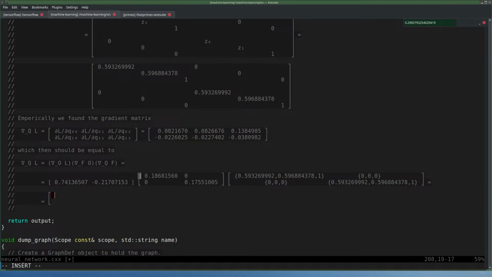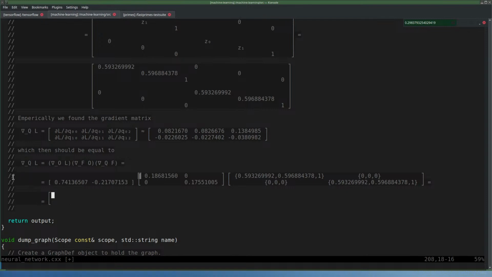So 2 high and then 3 wide. I think I should be able to do this with my program.